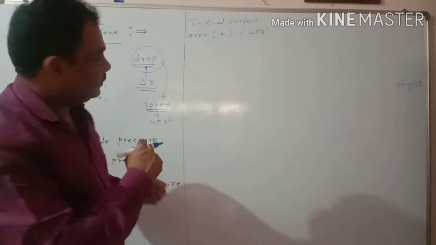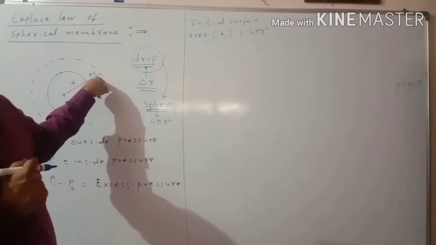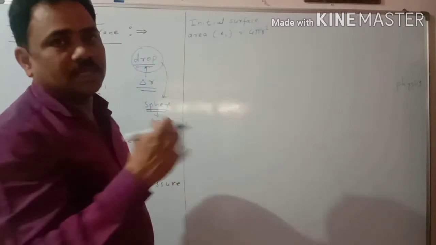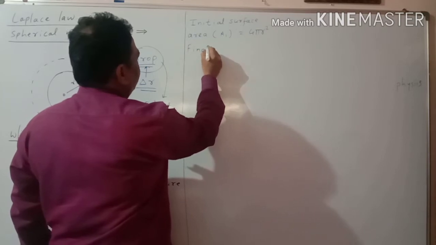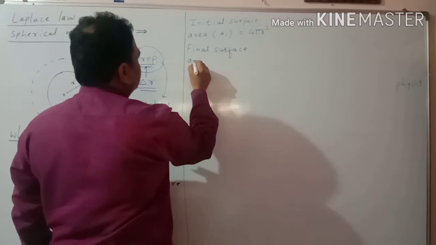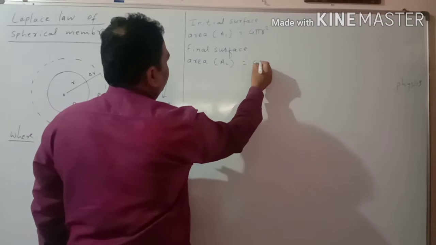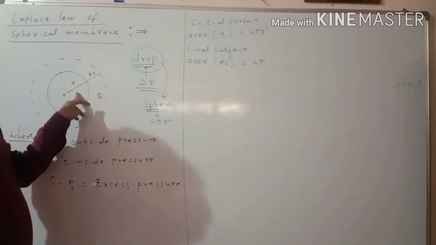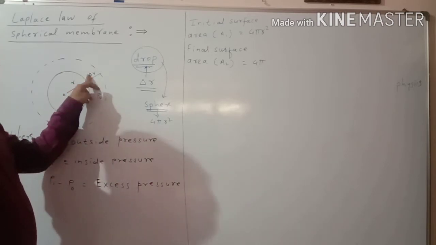What we have done here is we increase the radius of the liquid drop by delta r. So whatever may be the change in that liquid surface, we get the final surface area, that is A2. There is an increase in radius, so the radius becomes r plus delta r.